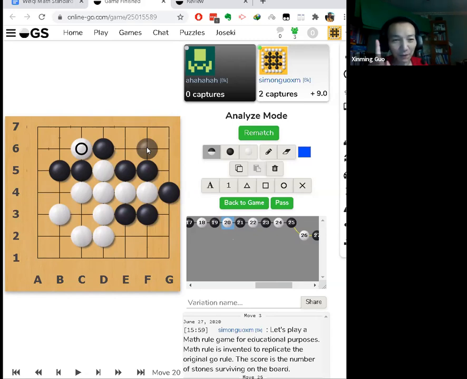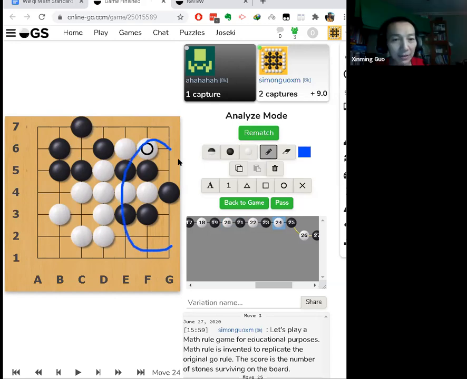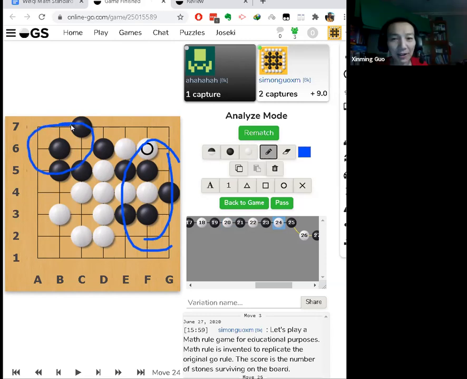Yes, in fact, probably this one, connect here, it's better than Atari here. If you Atari here, most likely you will lose all this part. And you survive in this part.